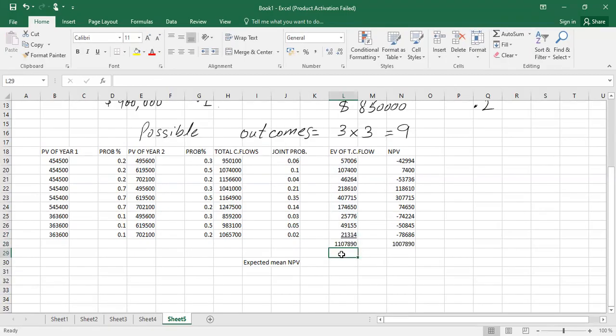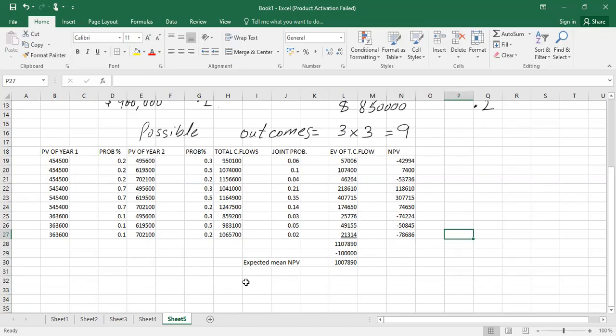Minus what? Minus initial investment of 100,000. So here this plus this. This is the expected mean NPV.